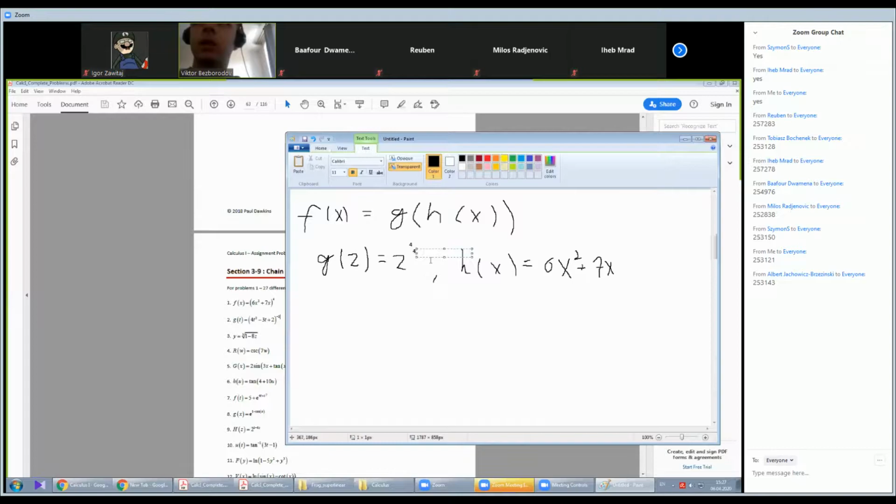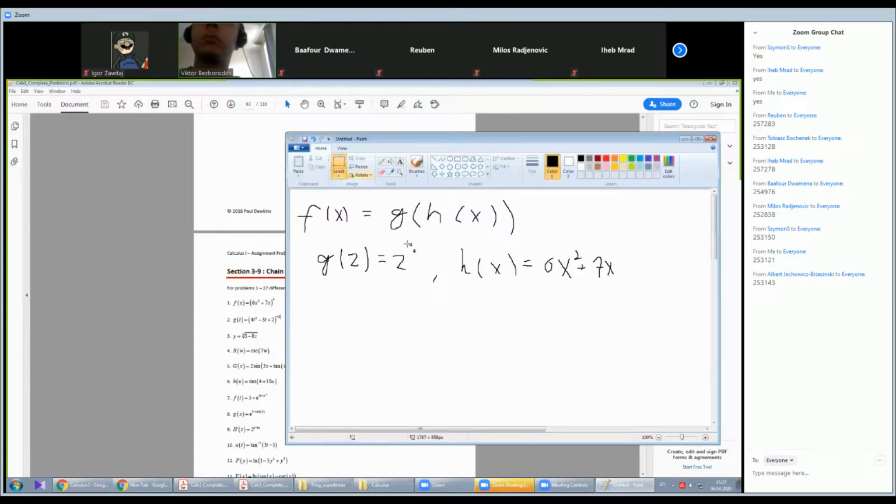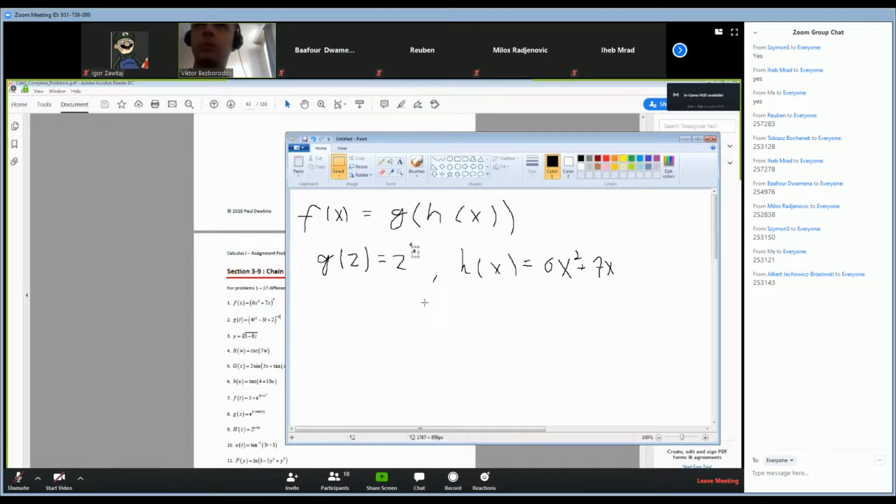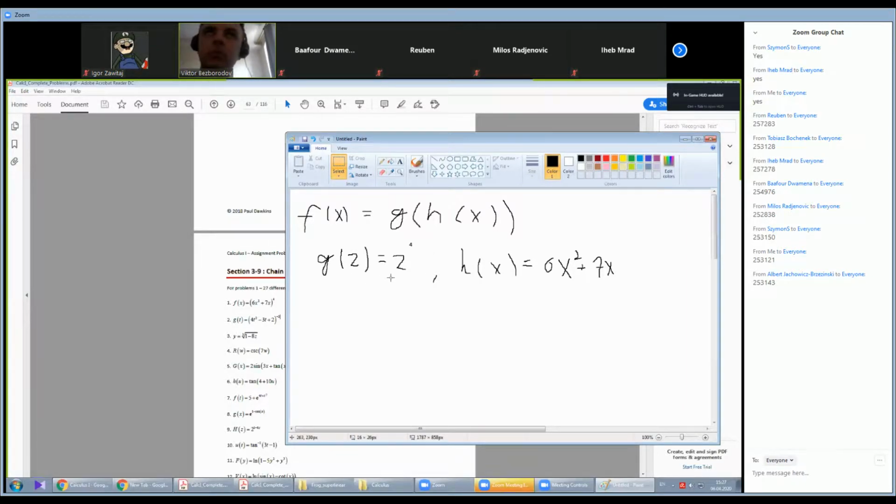Maybe better to use x, because it really doesn't look nice. So let me just use x.